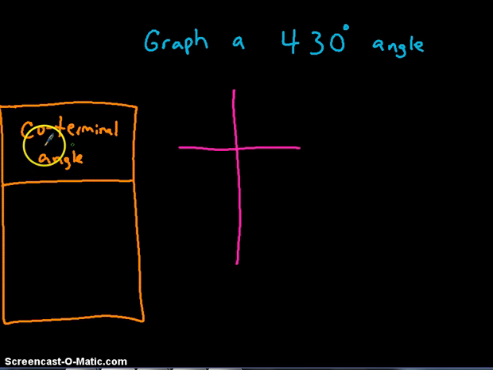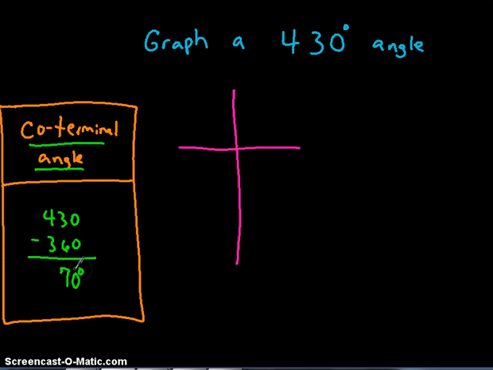To find a coterminal to any angle, add or subtract 360 from it, ideally until you get an angle between 0 and 360. Since 430 degrees is greater than 360, I would subtract 360 from it, and you wind up with 70 left.